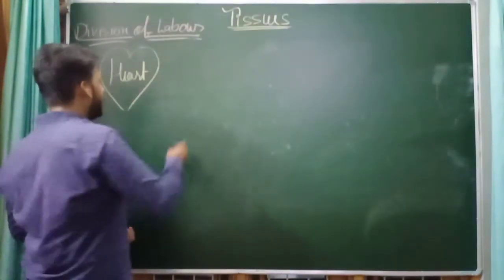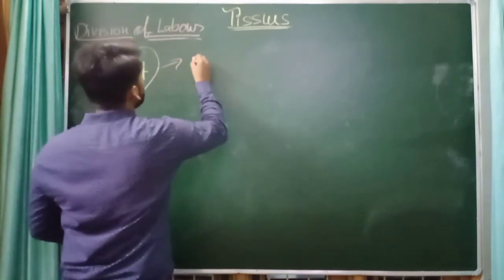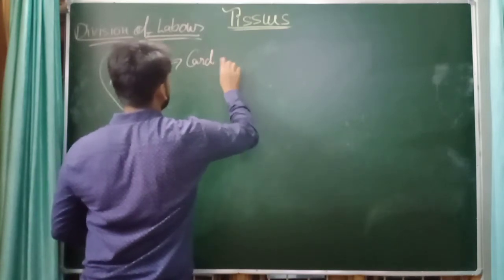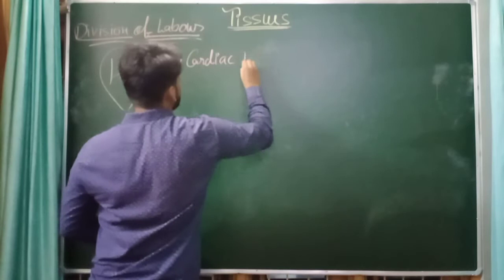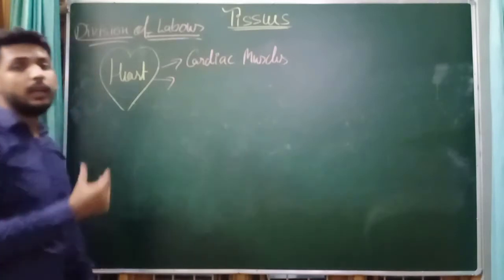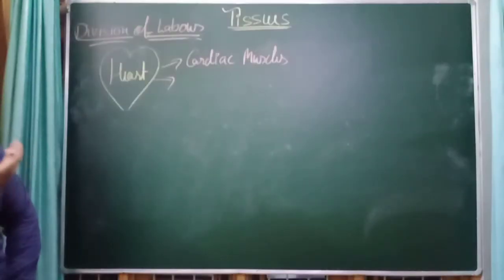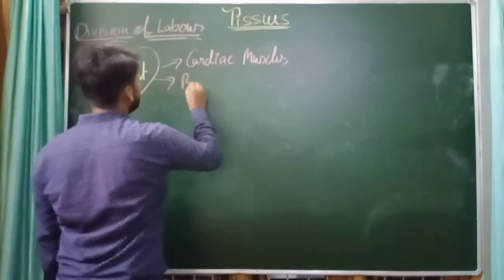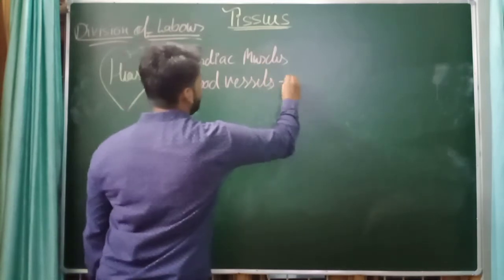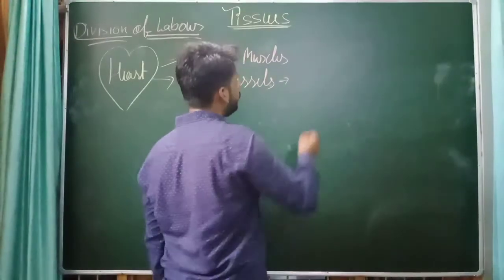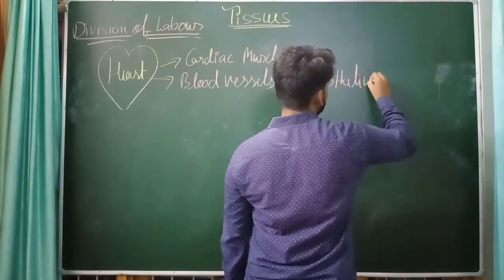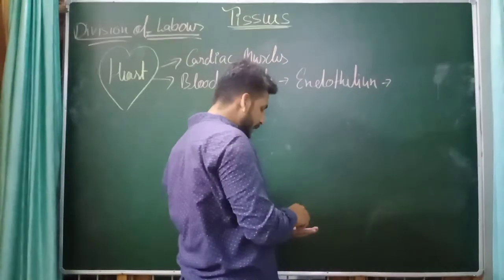The heart walls are made up of cardiac muscles. Blood vessels are also present, made up of endothelium, or epithelial tissue.